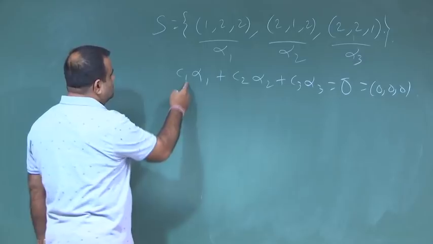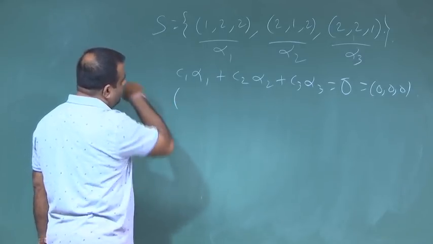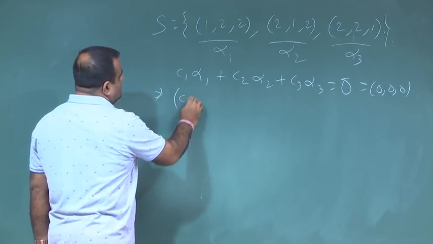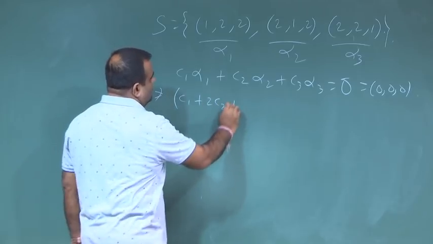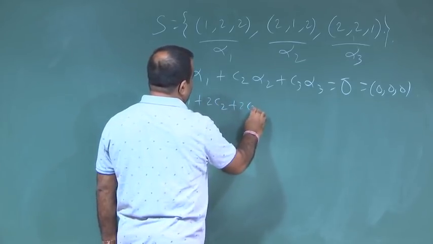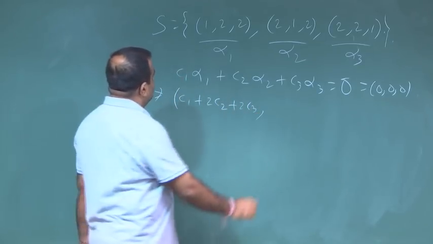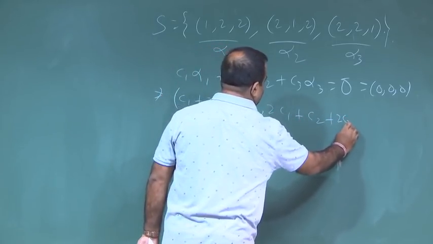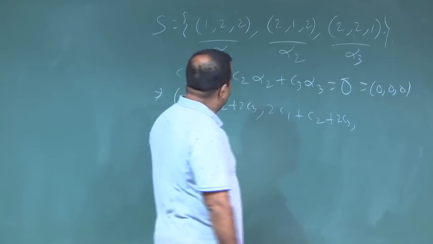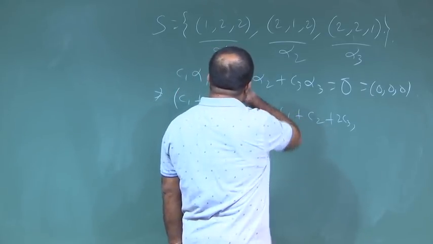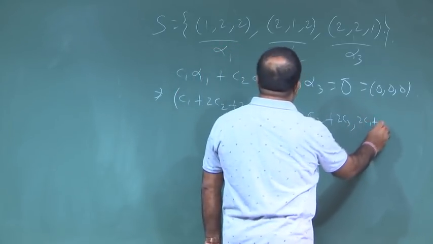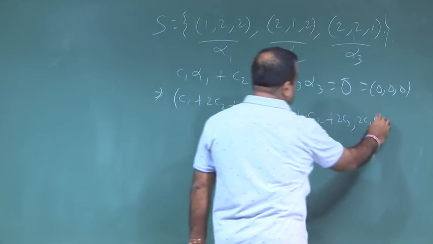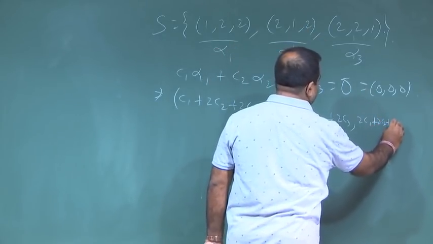Now this basically gives us C1 plus 2 C2 plus 2 C3, and then 2 C1 plus C2 plus 2 C3, and then the third component is 2 C1 plus 2 C2 plus C3.